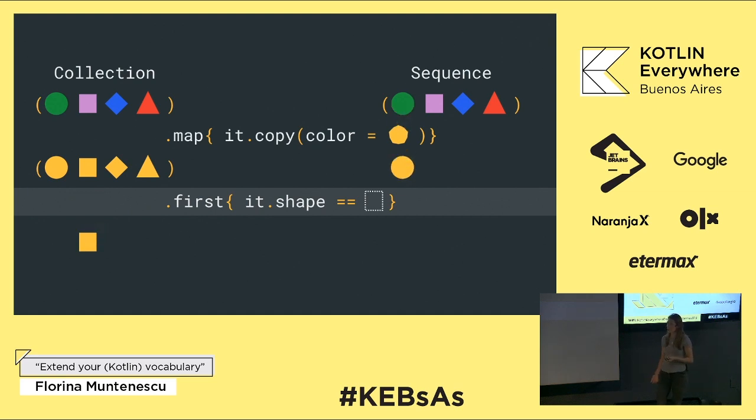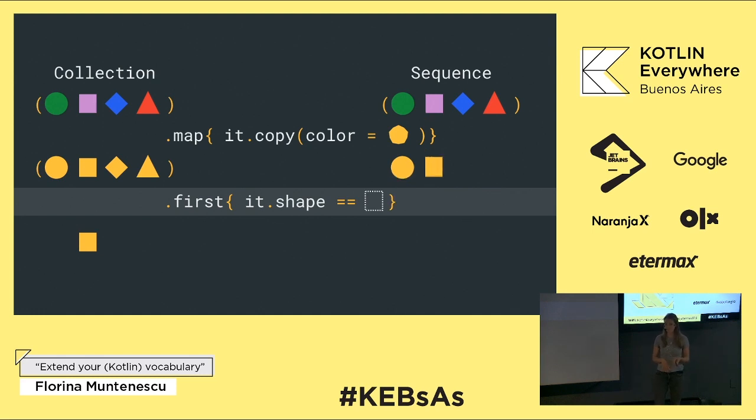But with sequences, it's no longer like this. It just goes over map, and only when first is called, only then map will be triggered. And instead of working on the entire collection, we will work on each element of the collection. So first, the circle will be retrieved and made yellow. Then it's checking, hey, is this a square?